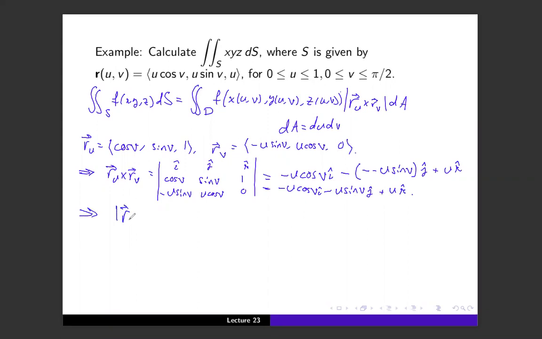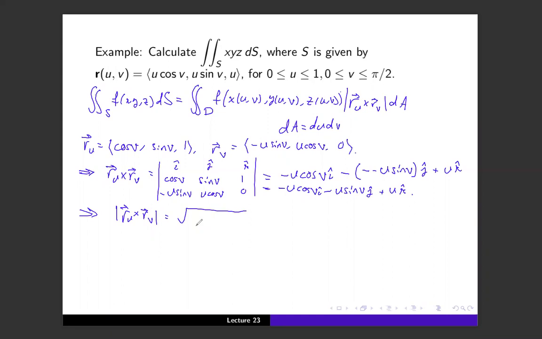And now we take its magnitude, r_u cross r_v, square root of, oh, and by the way, before I keep going with this, once again, you can always check your own work. So in this case, you take that dot product with r_u, what would you get? Negative u cosine squared minus u sine squared plus u, negative u plus u, that's 0, which is good.